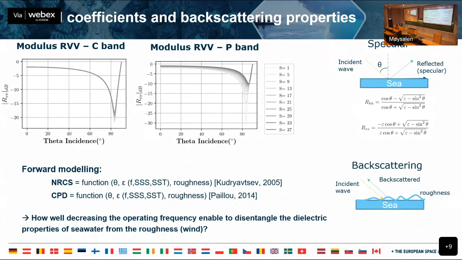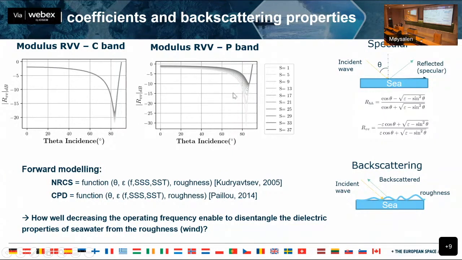Here I show on the left, at C-band, for the VV polarization with salinity, you see that at the Brewster angle you have some variability with salinity, but what we actually observe is a mix of all this between 20 and 40.